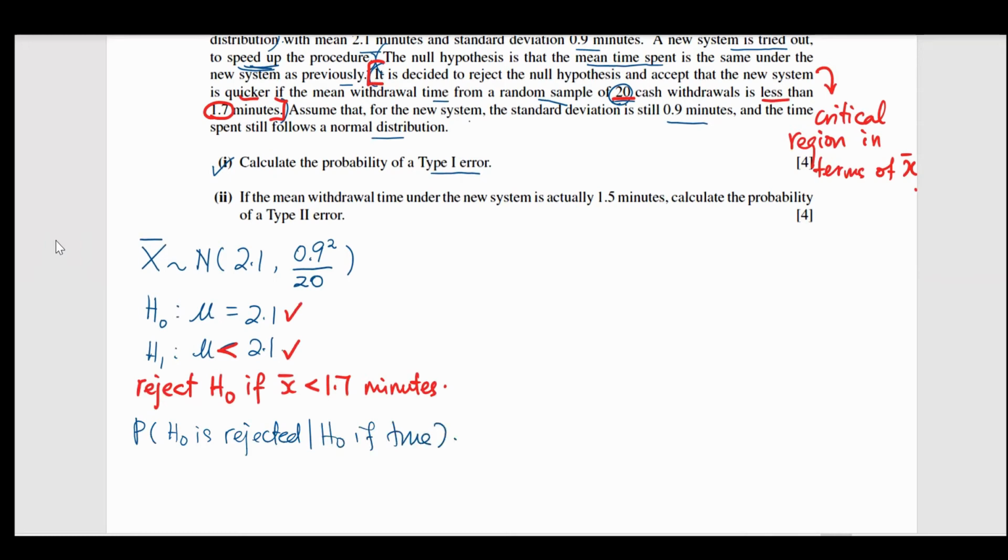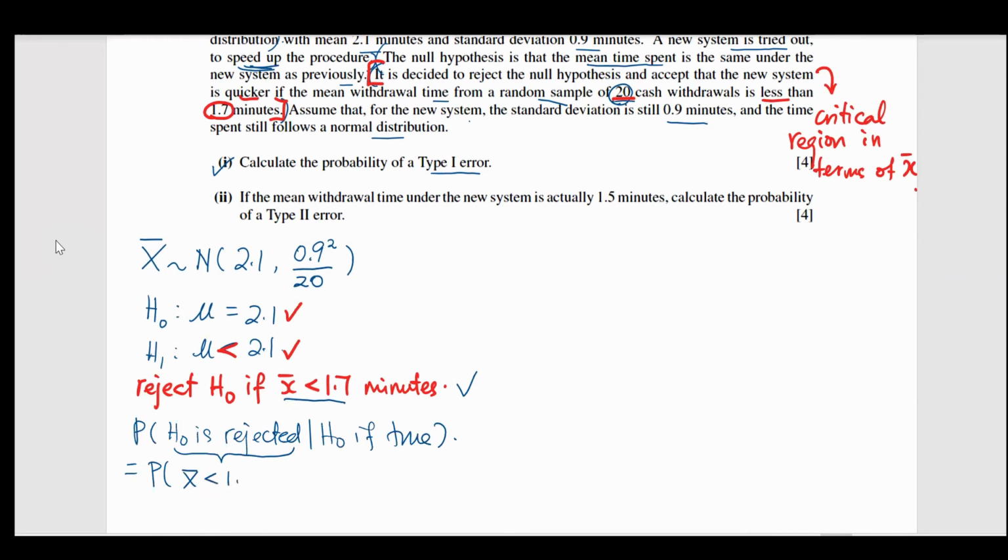That is why we are making a mistake, so that is an error, the type 1 error. What is the probability of that? When do we reject H null? When X bar is less than 1.7 minutes.